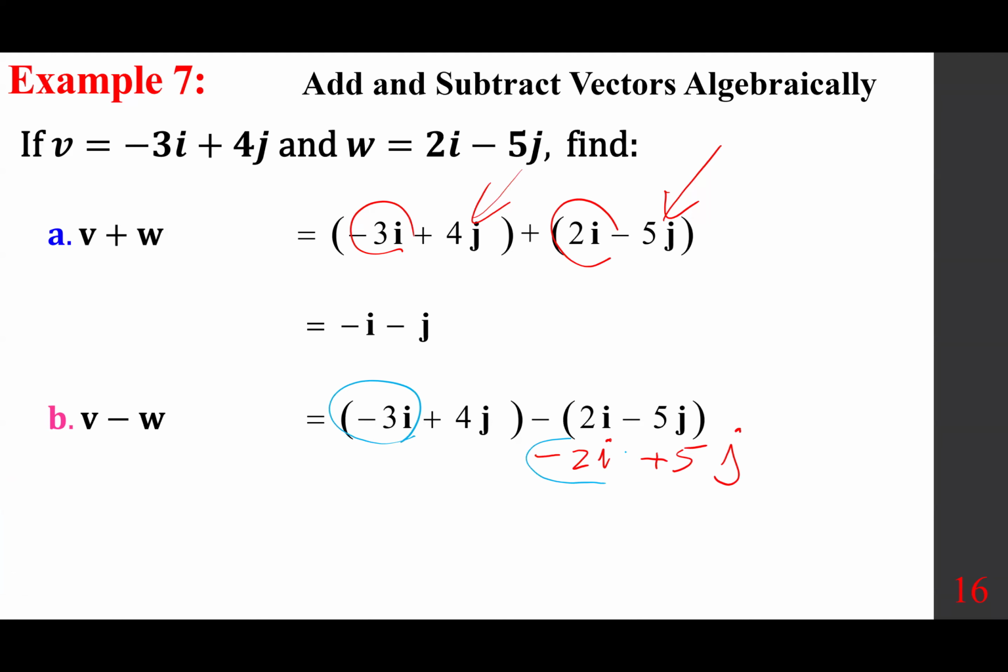Negative 3i minus 2i, they add up to minus 5i. 4j, 5j, they add up to 9j. Very straightforward, everybody.